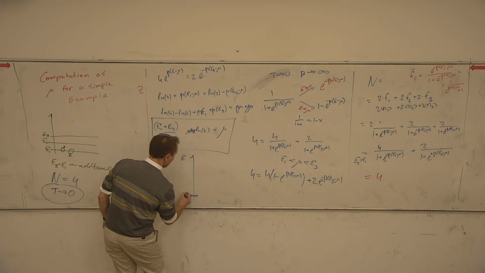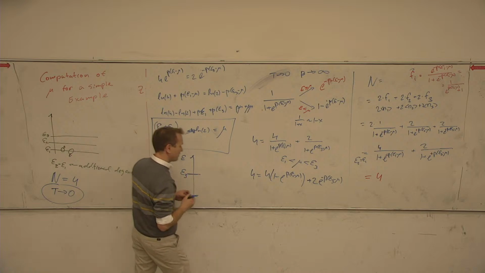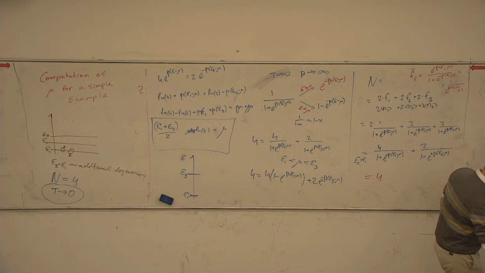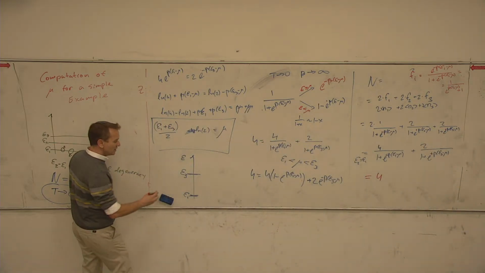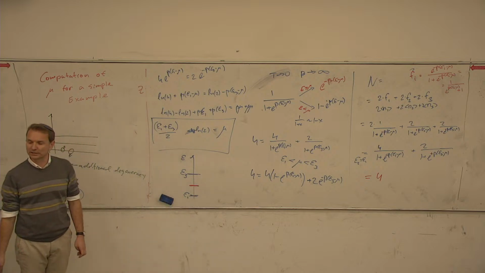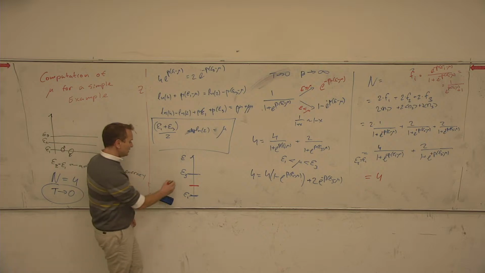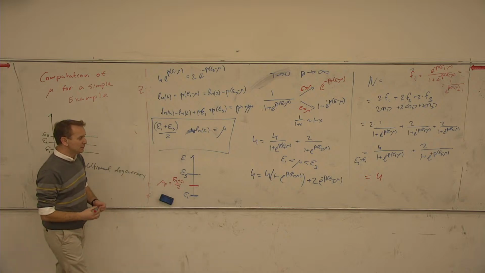We have epsilon 1 and we have epsilon 3. Exactly at T equals 0, the Fermi energy sits in the middle between those two states or two energetic levels. This is (epsilon 3 plus epsilon 1) divided by 2. This is mu Fermi at T equals 0.